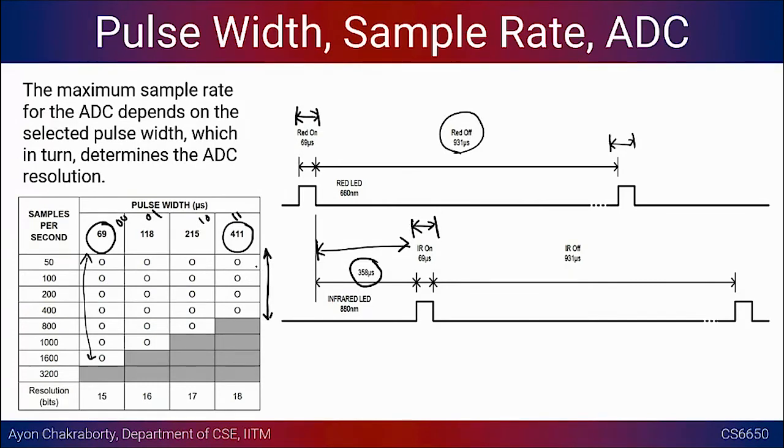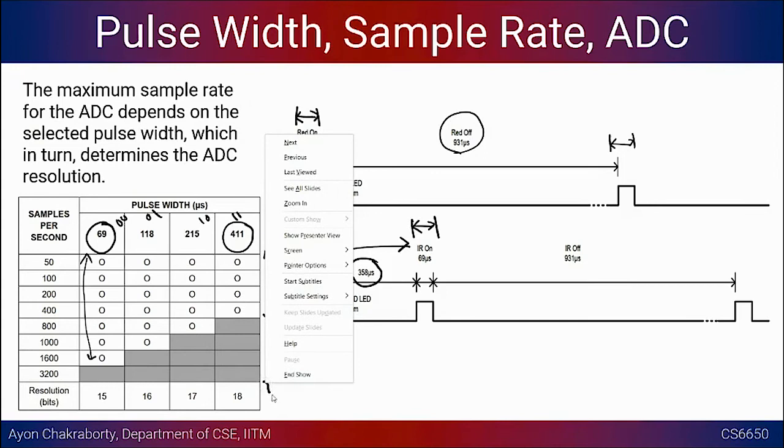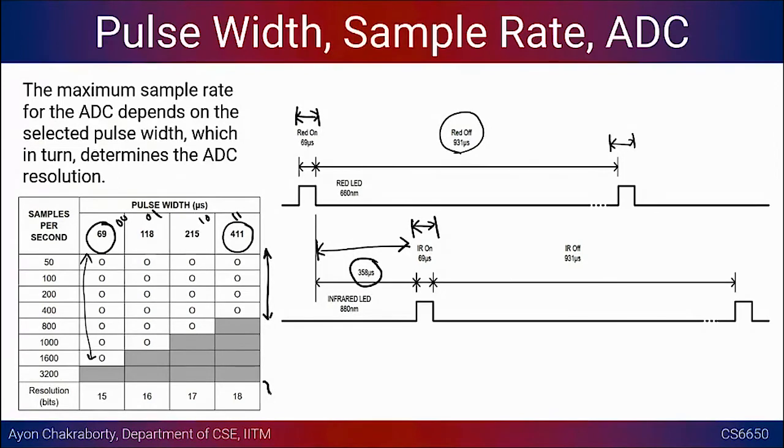So that is your trade-off, right? Whether you want to get a lot of inaccurate samples or fewer accurate samples. And one more role is also played by the ADC, right? The ADC's resolution determines the precision of the individual samples that you are collecting.